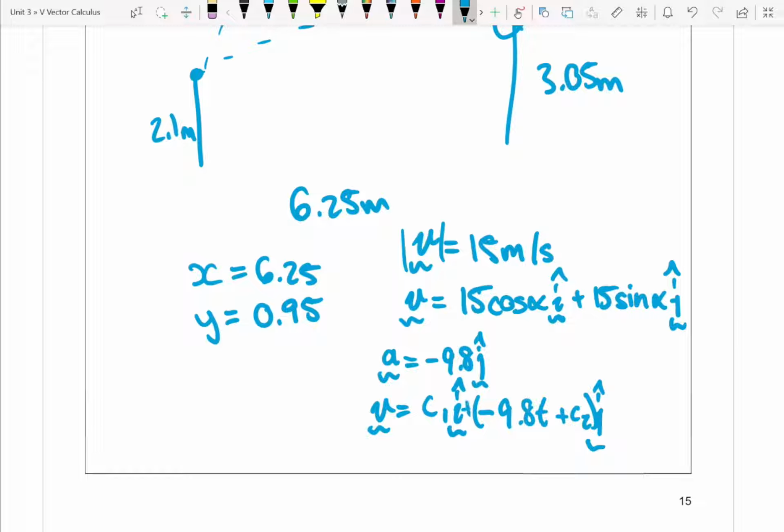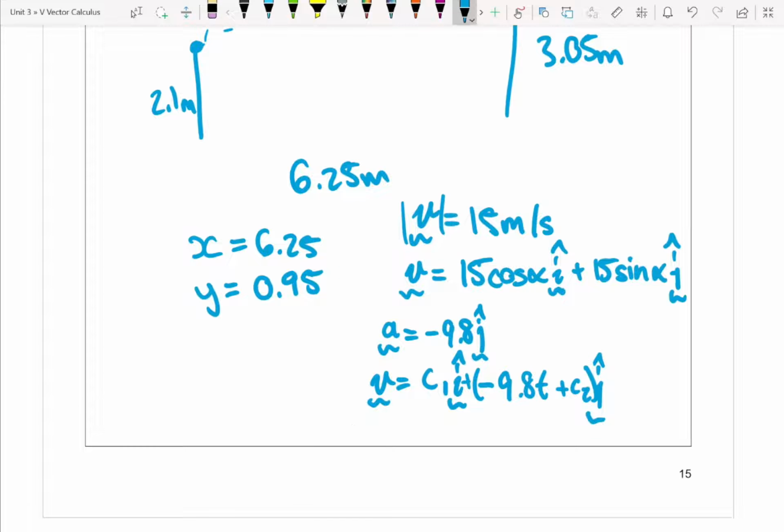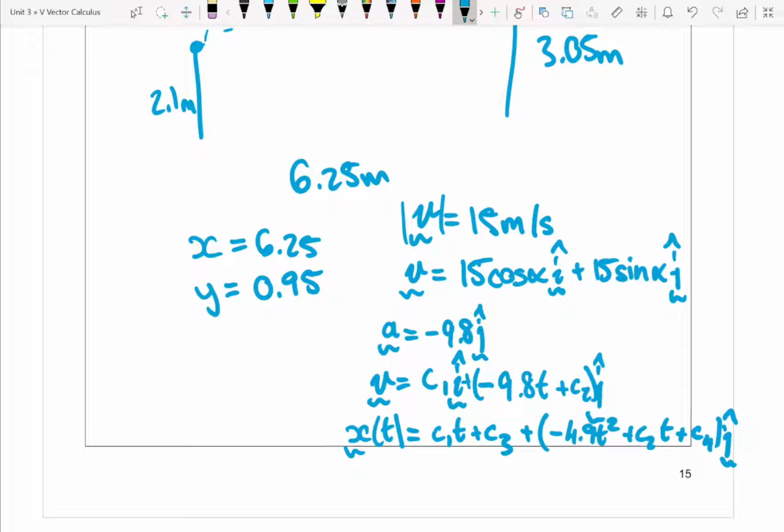So let's actually make that a plus in between. And therefore we know that x of t is going to be equal to c1 t plus c3 i, plus negative 4.9 t squared plus c2 t plus c4 j. Okay, so we have all these constants that we need to deal with.